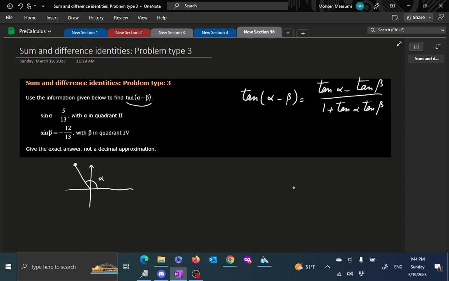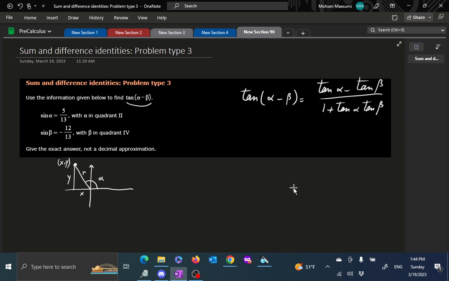Suppose there is some point here, with coordinates x and y. So that means this is our y and this is our x, and this is the radius r. What we want is to find tangent of alpha so that we can use it here.